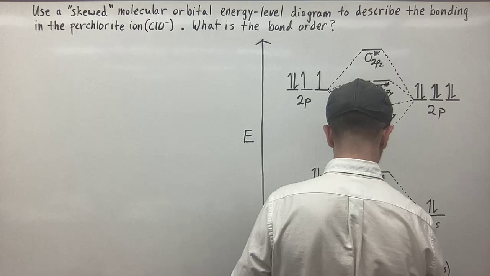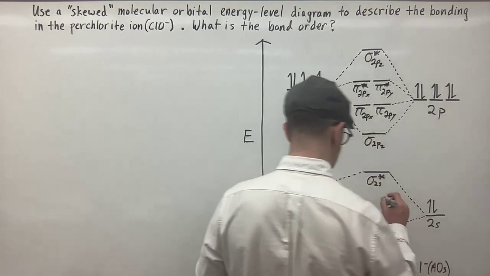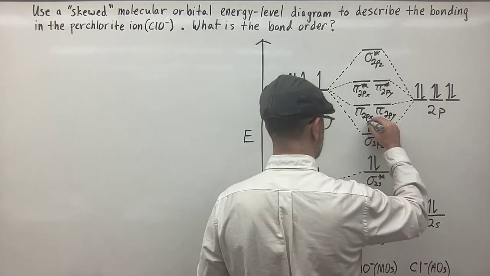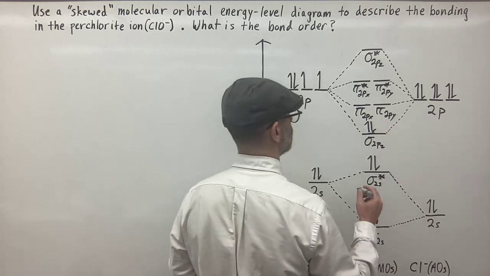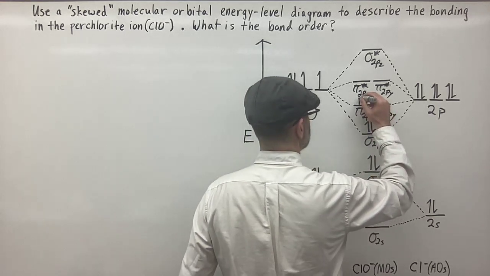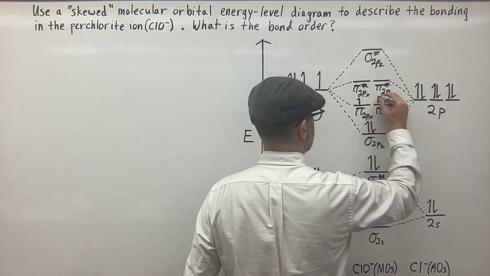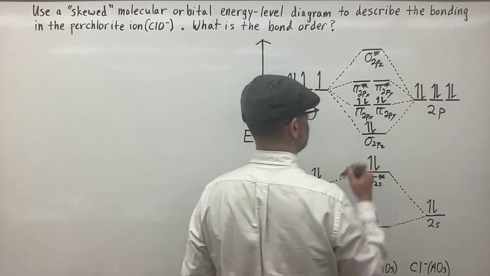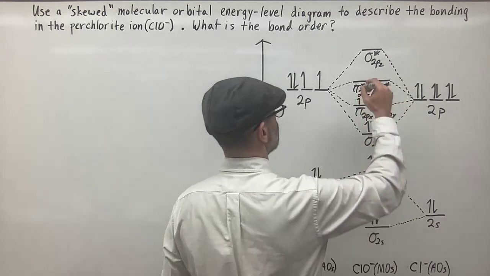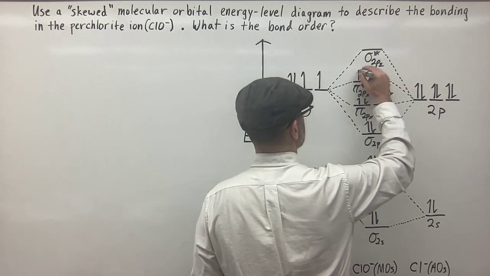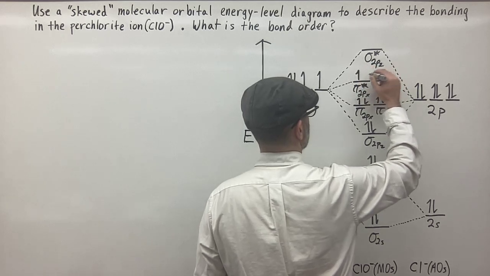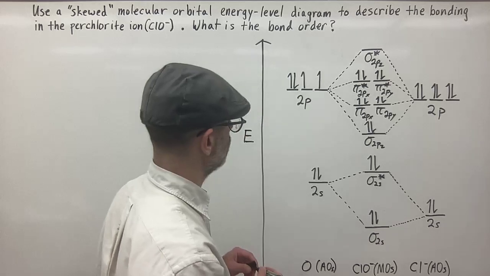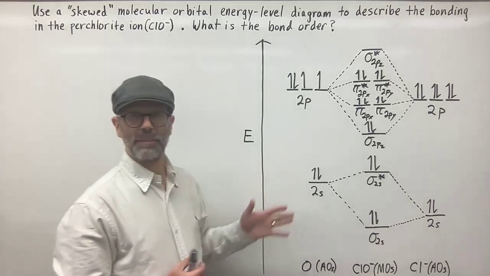So we have 1, 2, 3, 4, 5, 6, 7, 8, 9, 10, and then we have 11, 12, 13, and 14. Okay, so that part is done.